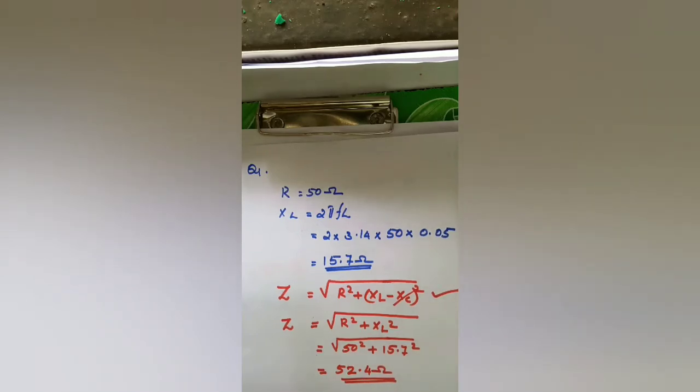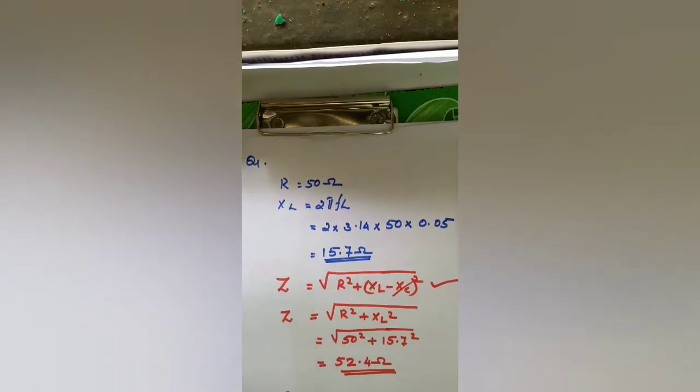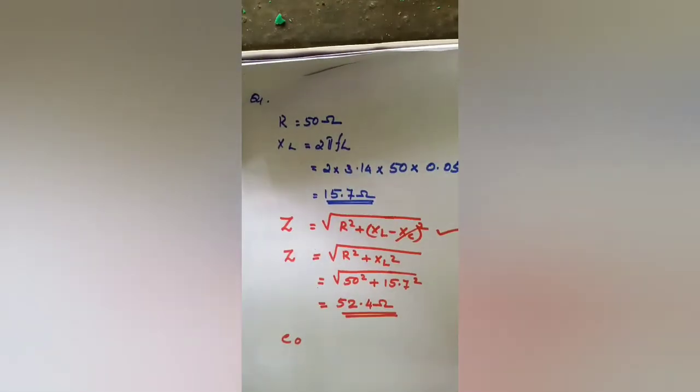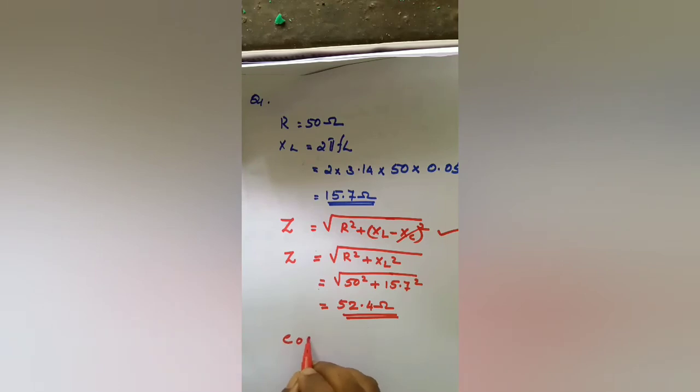Next we want to find out cos phi. What is the equation for cos phi? Cos phi is equal to R by Z. Here that is equal to 50 divided by 52.4.